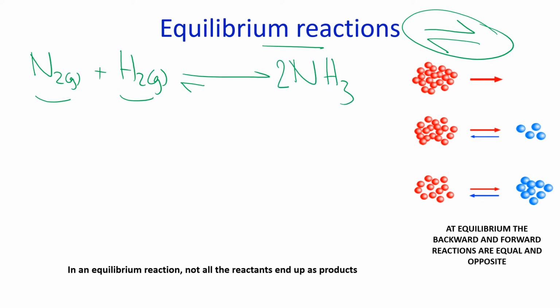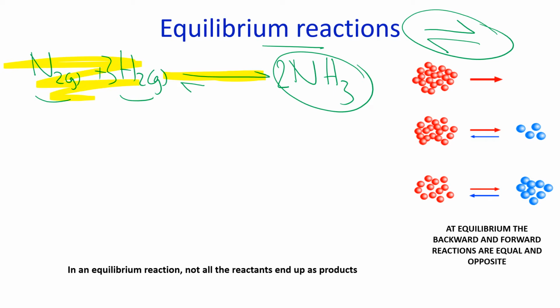Of course, we should have it balanced. The rate of formation of ammonia in the beginning is high. For that reason, I'm drawing this big arrow, because in the beginning the rate is high because we have a high concentration of reactants.